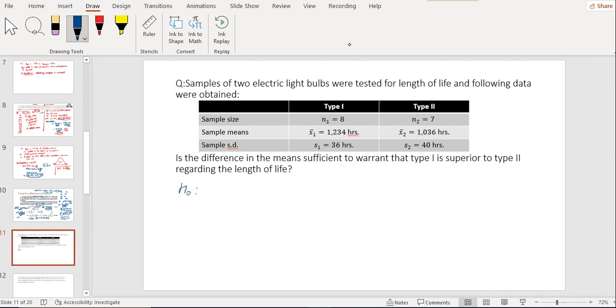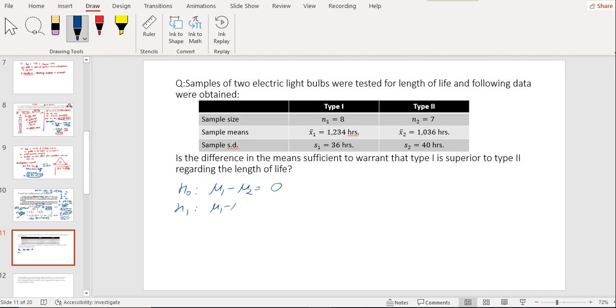For the null hypothesis, we are saying that there is no difference between the population means. Null hypothesis means there is no significant difference between their population means. But what is the alternative hypothesis?